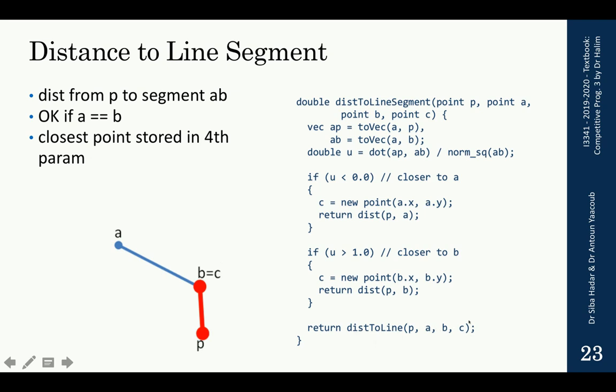We will find the point C. We will simply call distance to line, and it will return us the point C and the distance.